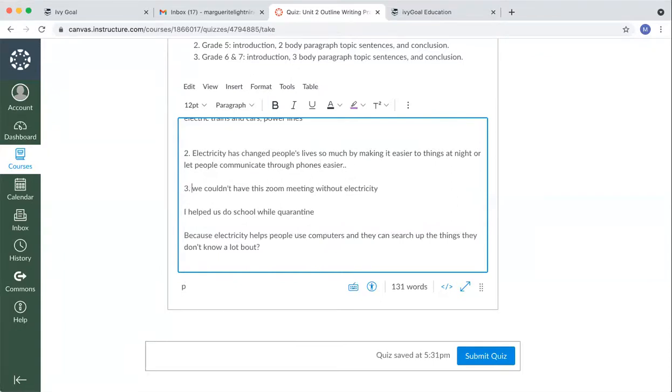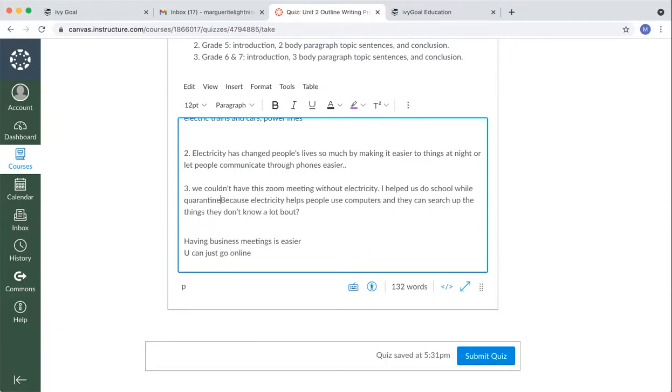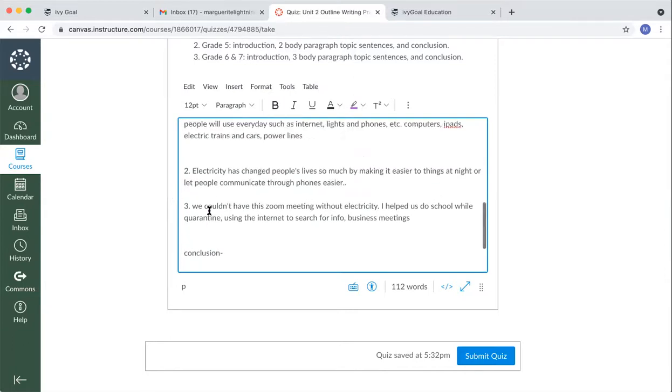This one is about Zoom and quarantine and using the internet to search for things, for information, and kind of like business meetings. Okay, good.